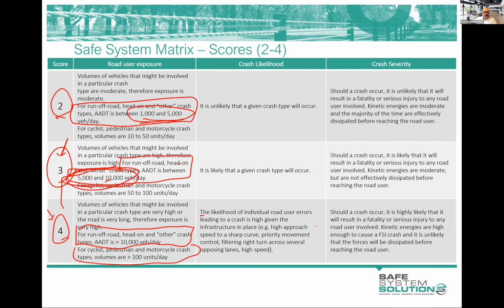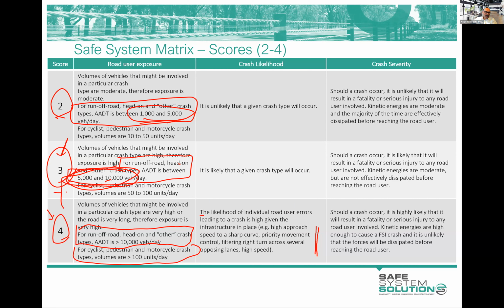So you see you've got some serious factors in there that are making it more likely for a crash to happen. And I save that 4 usually for your inherent, fundamental issues. Sharp curve, fast approach, not great delineation, adverse crossfall. It's very likely that people are going to run off the road at this location.